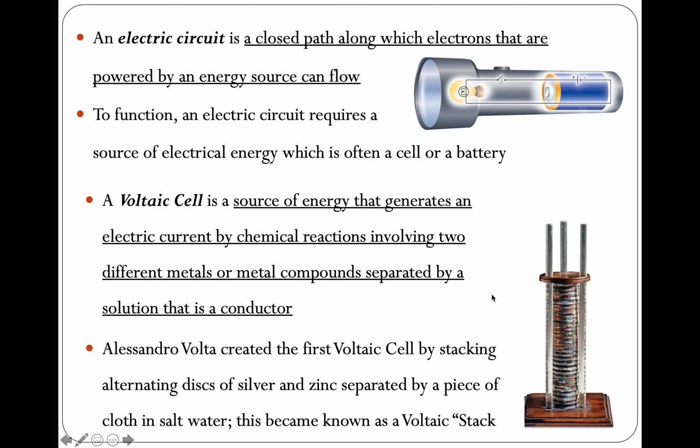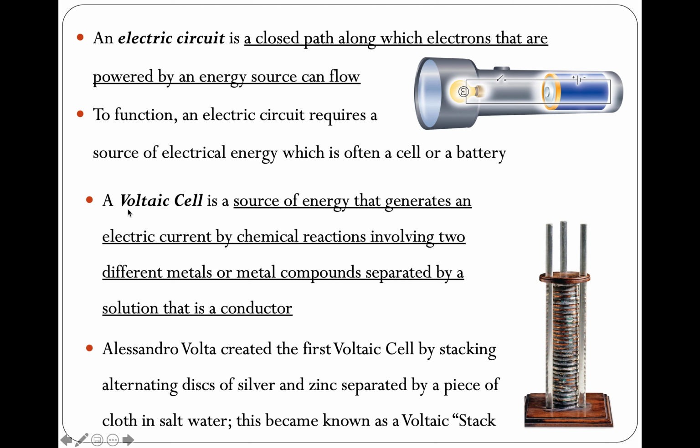Basically, you have two pieces of metal, you have some solution that can conduct, and then you connect those two metals together, and you're going to get electrons flowing through, and you've created a little circuit there.